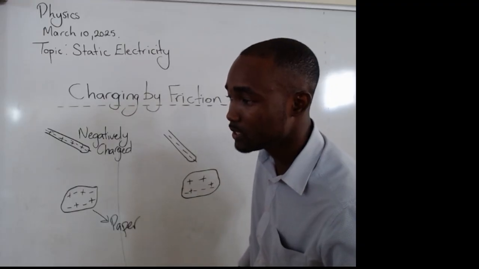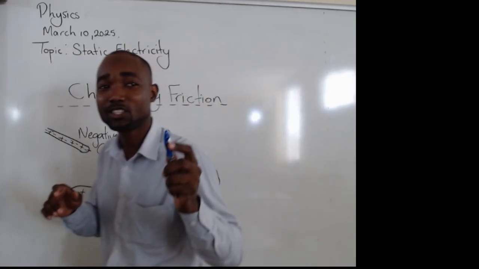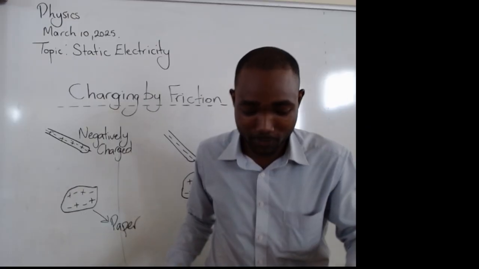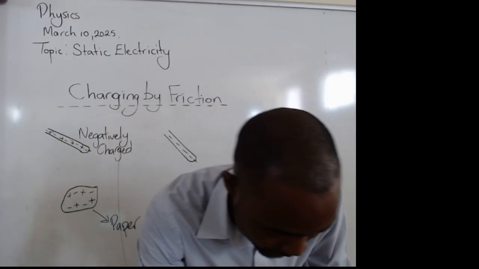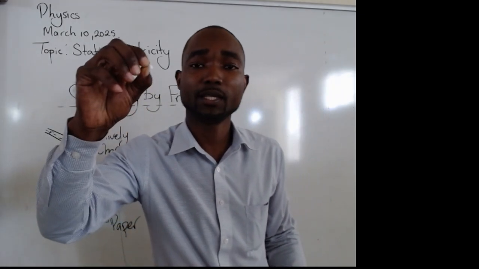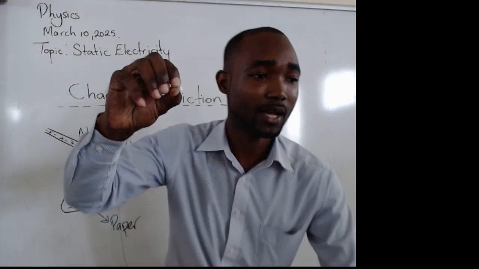And let's see if we can actually do this in real life. All right, so I need to first charge my pen via friction. This is a piece of paper that I'll be attracting.